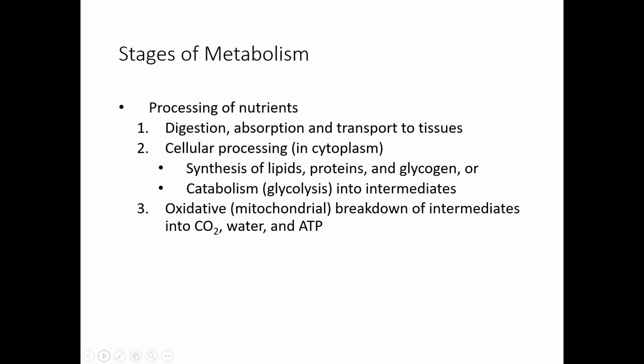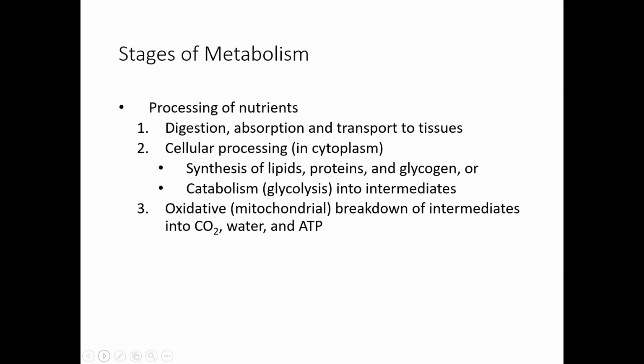Remember, we break down fat into a monoglyceride, which is one fatty acid chain attached to glycerol, and two random loose fatty acids. And we reassemble them into triglycerides inside the cytoplasm.